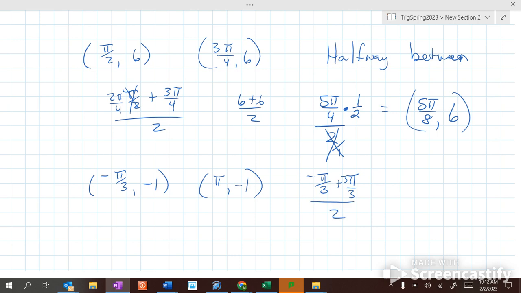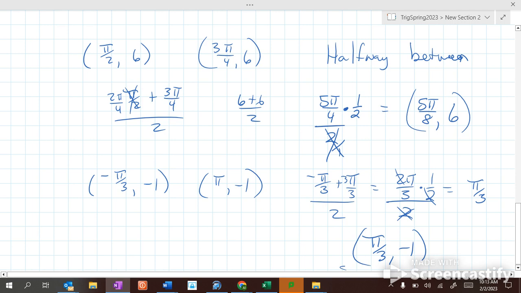So negative pi over 3 plus 3 pi over 3 is 2 pi over 3 divided by 2. When we divide by 2, it's the same as multiplying by 1/2. The 2's cancel. So it's pi over 3. So the point halfway in between is pi over 3, negative 1. We good? We done? Good.